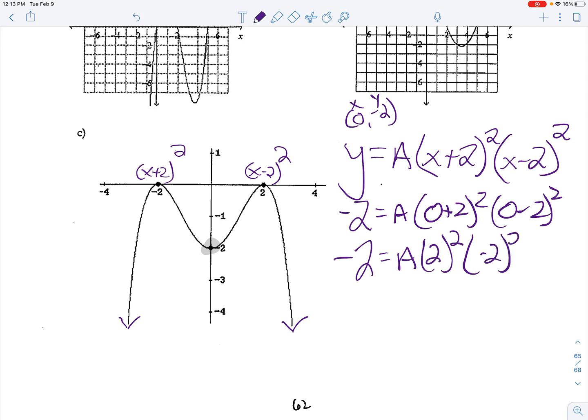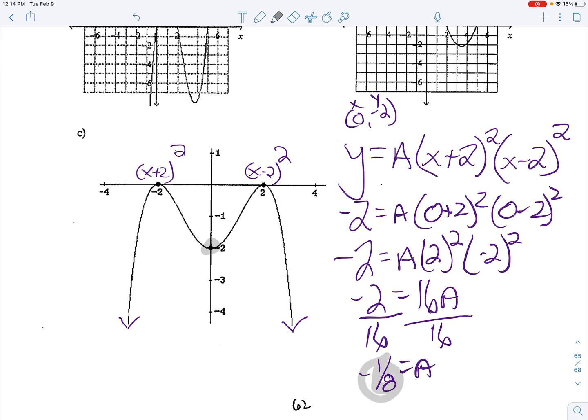that should help us solve for a. And like I said, it should come out negative, because the end behavior is going to negative infinity for both ends. So -2 is going to equal a times 2 squared times -2 squared.